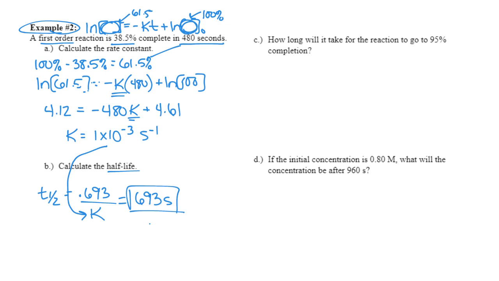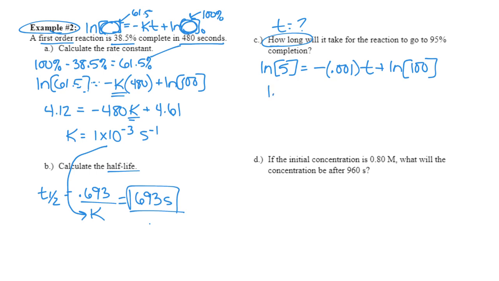All right, letter C, how long? How long will it take for the reaction to go to 95% complete? 95% complete means I have 5% left. I have my K value from the previous part, 0.001 times time, plus the natural log of my original concentration in percentages would be 100.